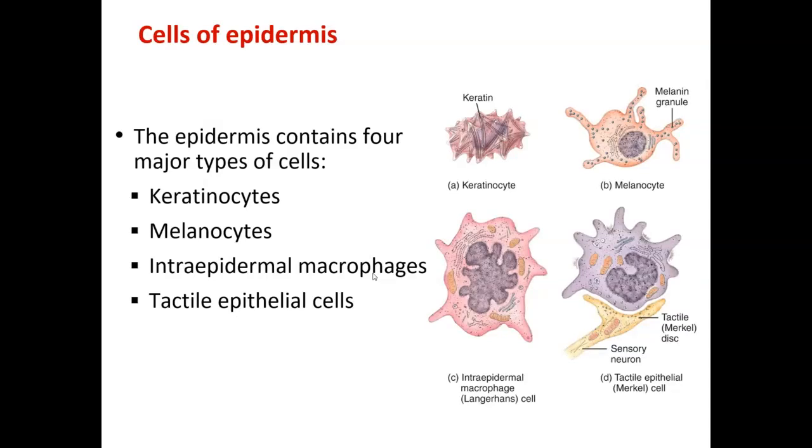And that's just where some cells can change shape and surround a particle and take it inside the cell. Some of our white blood cells can do this. If it's taking in a solid particle like a bacteria cell or something, it's called phagocytosis.